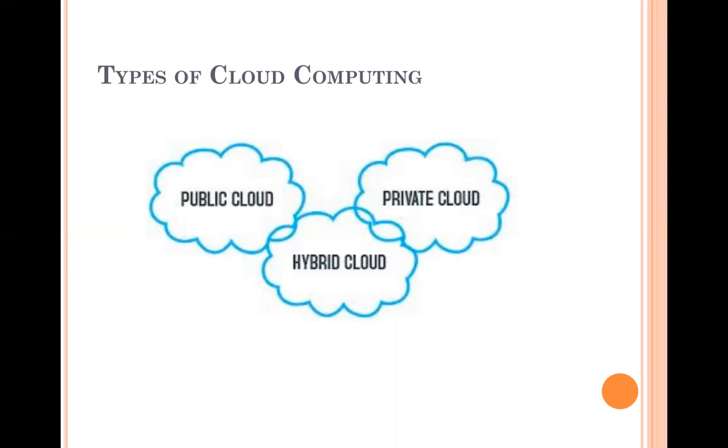Because of this nature, it is highly secure as compared to public cloud, as the services are available to limited people. That's why it is called internal cloud or corporate cloud.